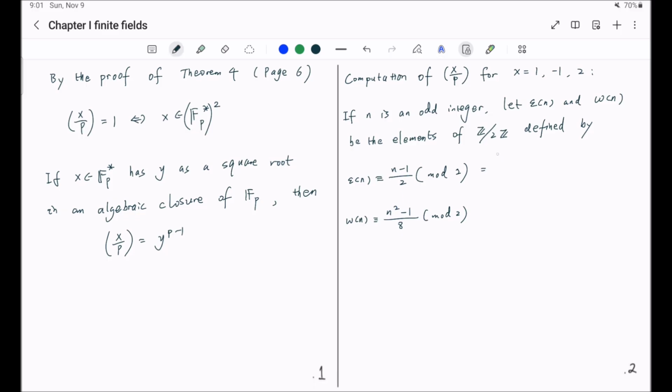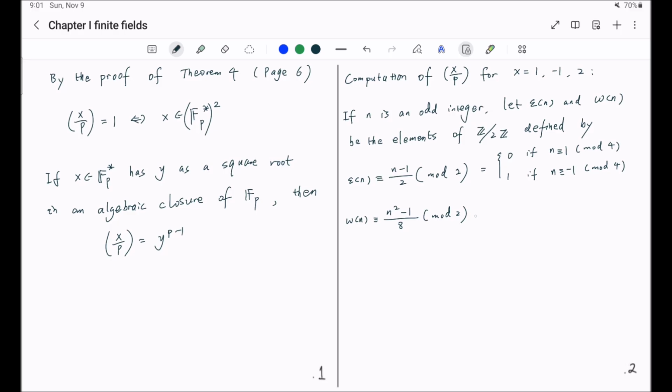This is equal to 0 if n is congruent to 1 mod 4, and is equal to 1 if n is congruent to minus 1 mod 4.